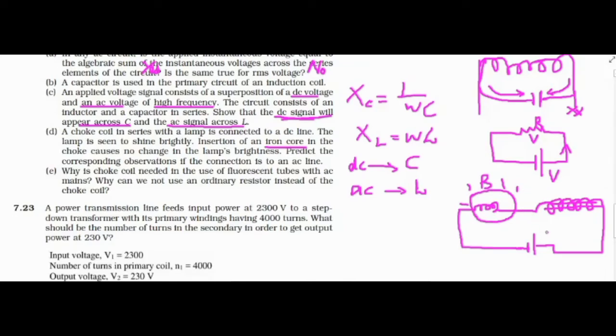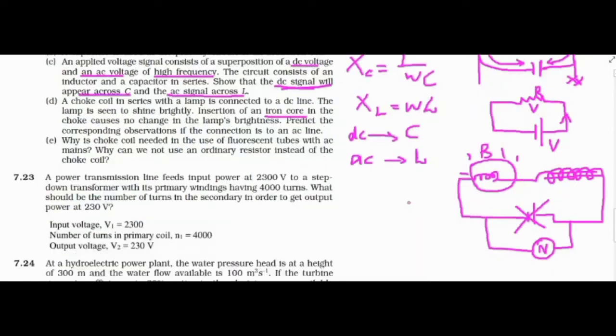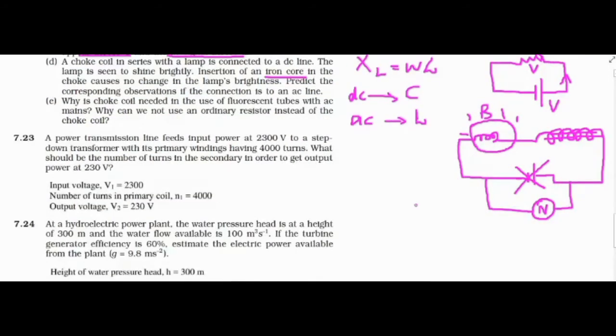Now, in the circuit, assume that DC is replaced by AC. When DC is replaced by AC, what will happen there? You see the situation, XL is equal to omega L. Now, an additional reactance will come in the circuit, that is XL.